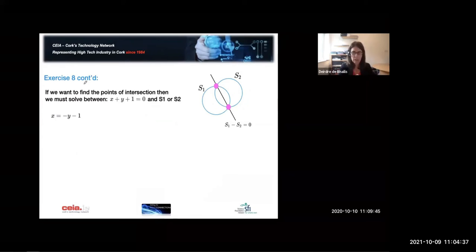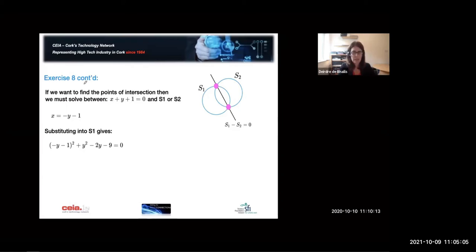What we need to do is rearrange the equation of the line. We get x is equal to minus y minus 1. And substituting into, we're going to take S1. I've taken S1 because I think there was no x component in S1. So it just gives me a few less seconds of calculation, which can help.